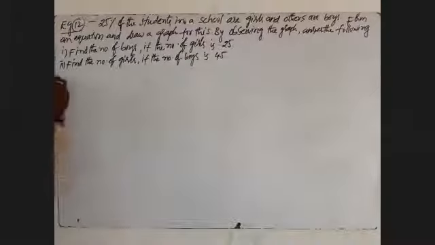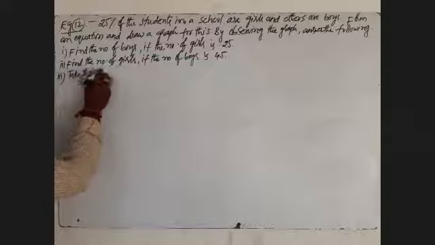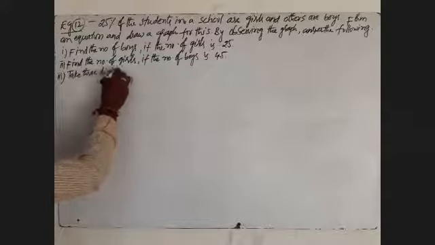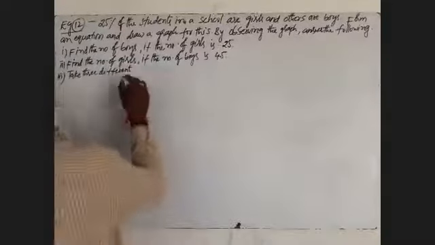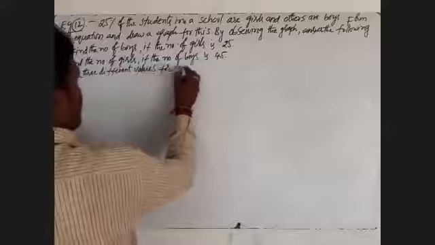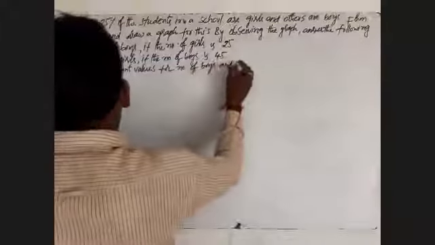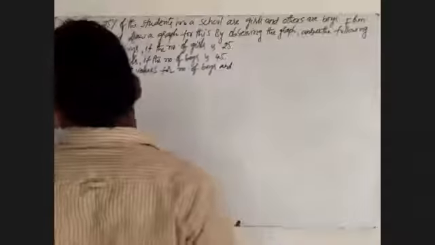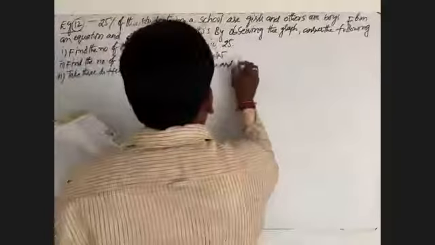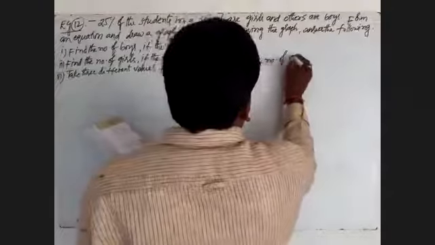After now I am going to the third one, that is, take three different values for the number of boys and find the number of girls.